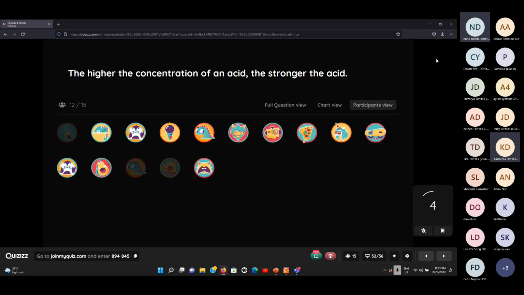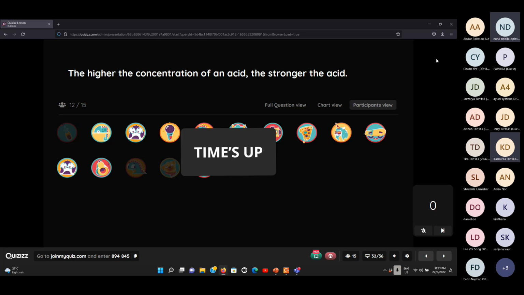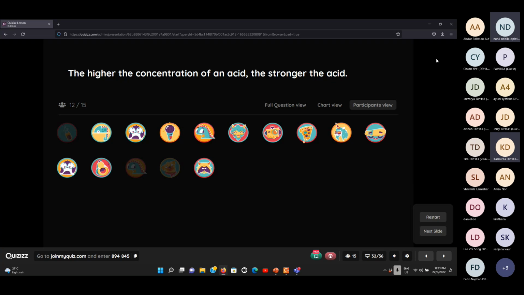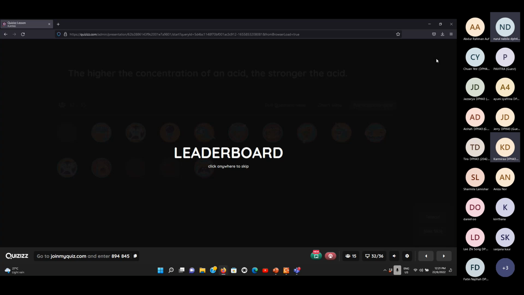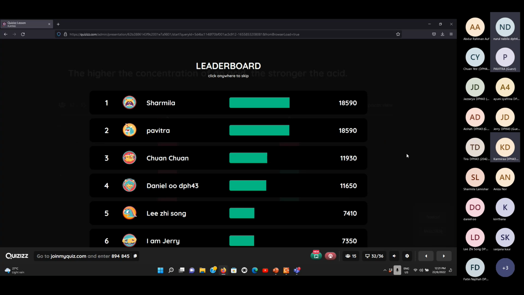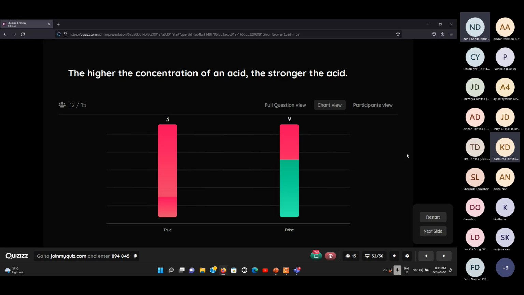Here kita define a strong acid by its ability to produce H plus ion bila larut dalam air. So dia kata kat sini the higher concentration of an acid. So the answer is false.